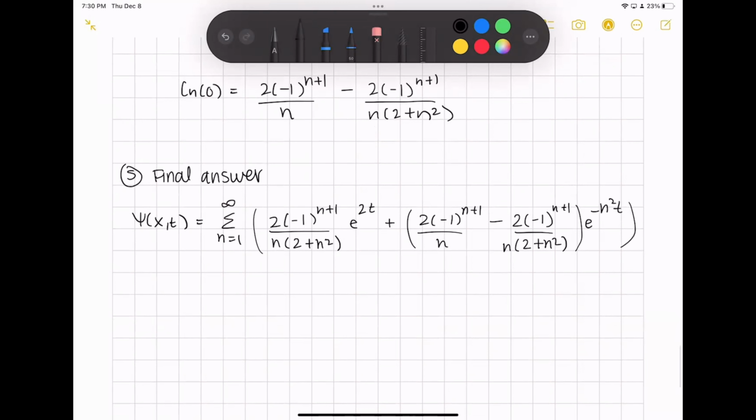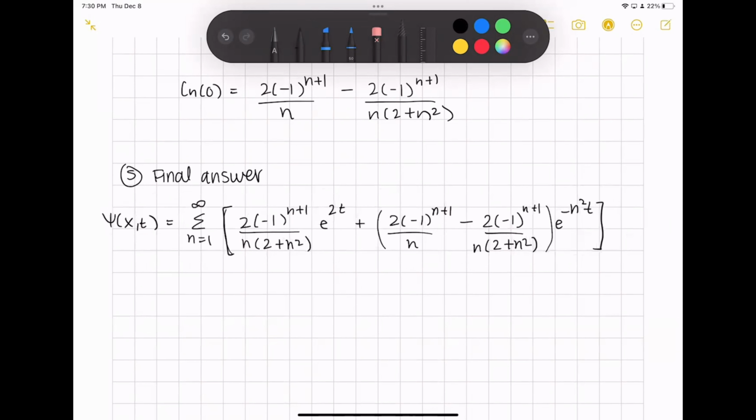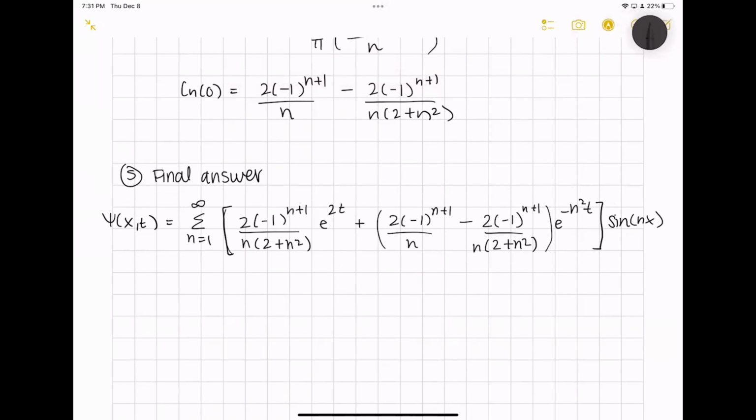And then all of this, in square brackets, is multiplied by our sine term. All right, so that's the solution to this problem.